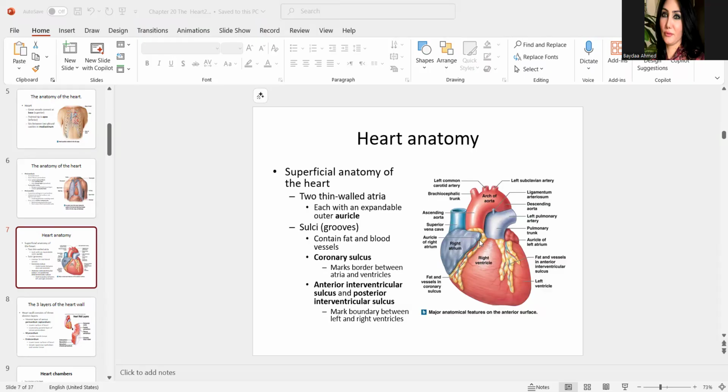Superficial anatomy of the heart. The two atria have relatively thin muscular walls and are highly expandable. When not filled with blood, the outer portion of each atrium deflates and becomes a lumpy, wrinkled flap. This expandable extension of an atrium is called an auricle.